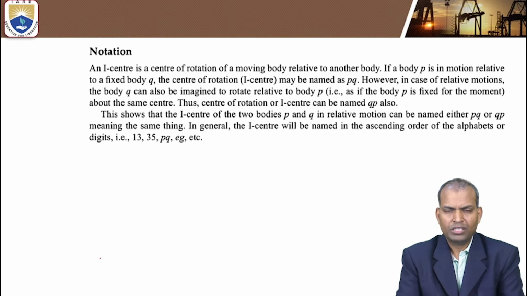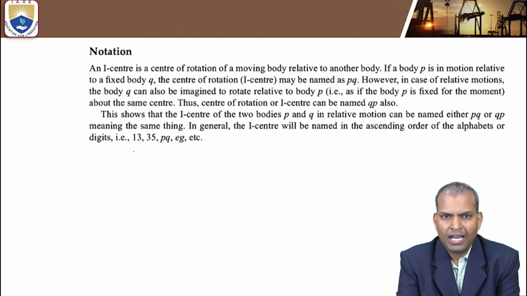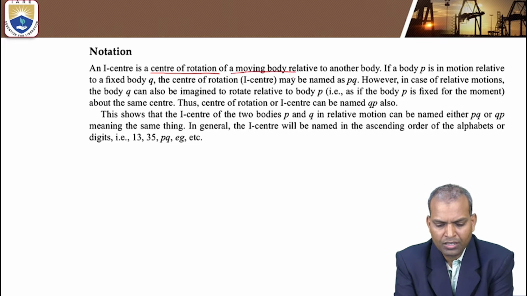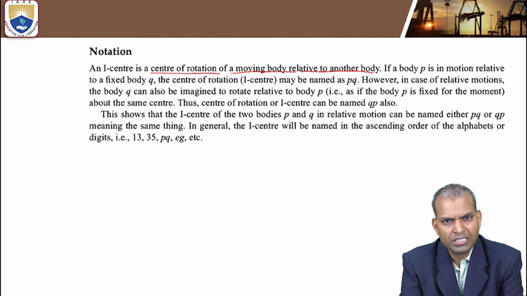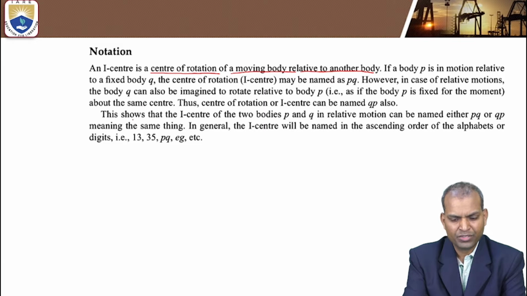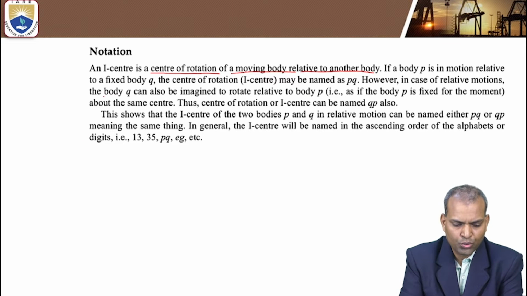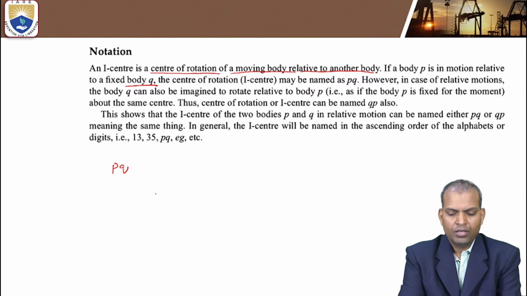Now, what is the notation of this I center? Once again, a very simple definition: an I center is a center of rotation of a moving body relative to another body. Relative to another body means that the other body, we assume for the time being, remains fixed. If a body P is in motion relative to another body Q, which we assume fixed, the center of rotation or I center may be named PQ.